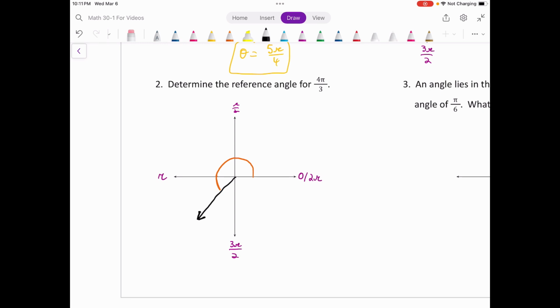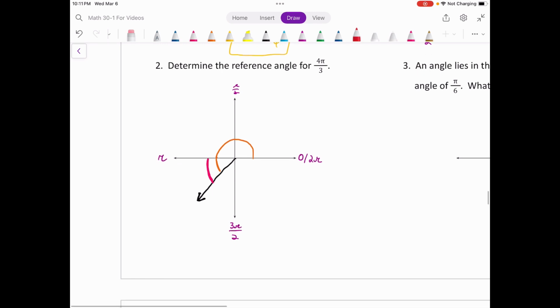That's not the best sketch in the world, but what would this angle be, right? If stopping right there is 3/3 of pi, and this is 4/3, what's this? This must just be 1/3 of pi, right? We went 1/3 of pi past pi in radians. So we can do the math here, but see what I mean? If we can start thinking about it too, it becomes a little more intuitive. So that reference angle must be 1/3 of pi.